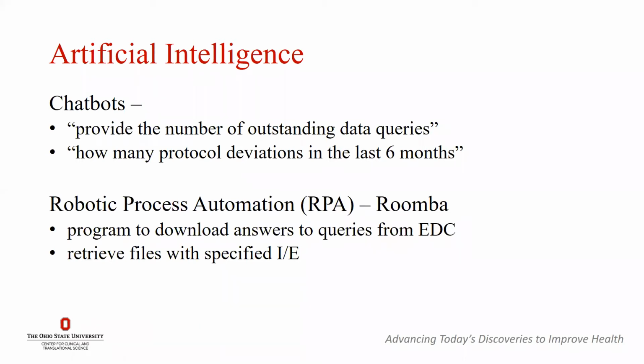The robotic process automation, which is often referred to as RPA, our famous acronyms that we love so much. A Roomba is nothing more than a robotic process automation. That device has been programmed to sweep until it hits a barrier, and then programmed to turn and head in different directions.